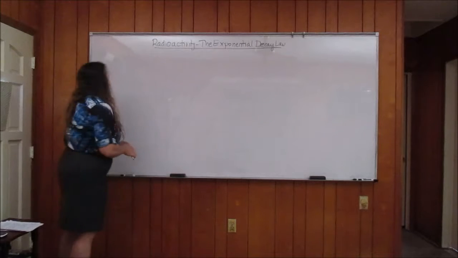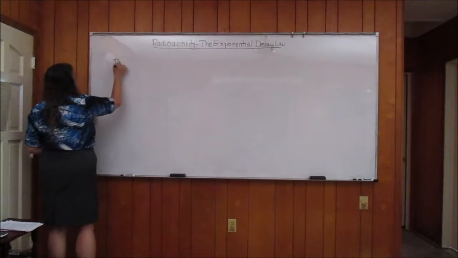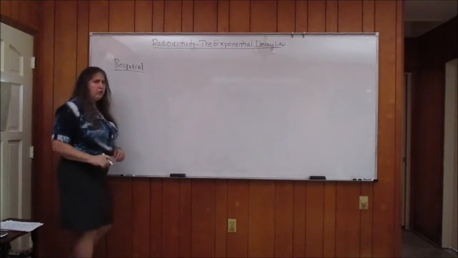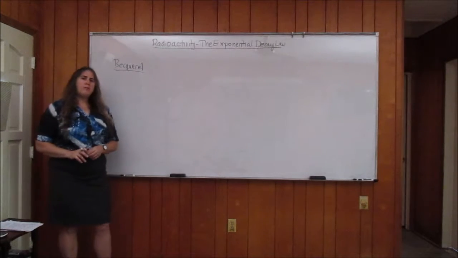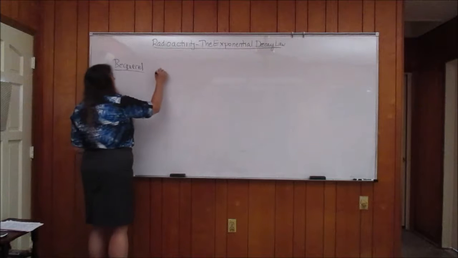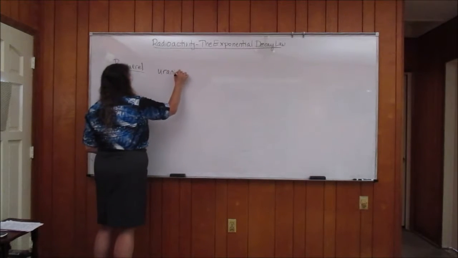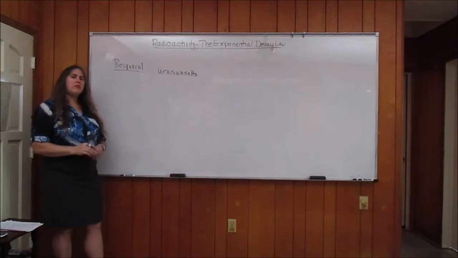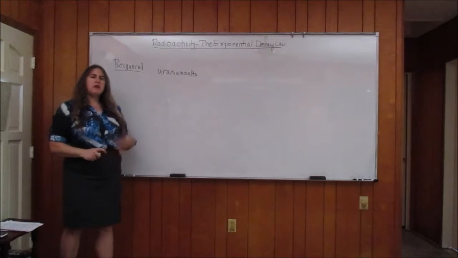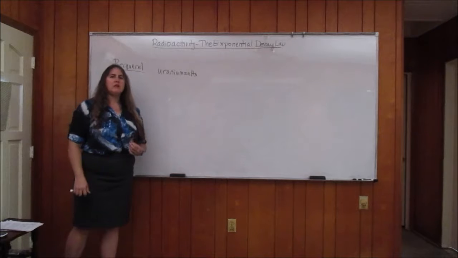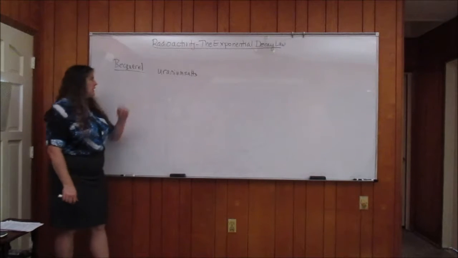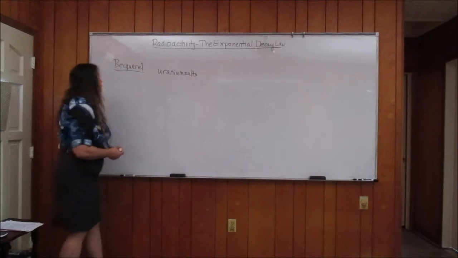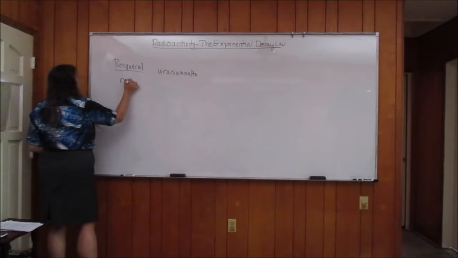So let's go back to the late 1890s. Briefly, Henri Becquerel was working with uranium salts. And what he observed was that these uranium salts emitted radiation, but it was a different kind of radiation. This radiation could actually pass through black paper. So he termed this radioactivity.